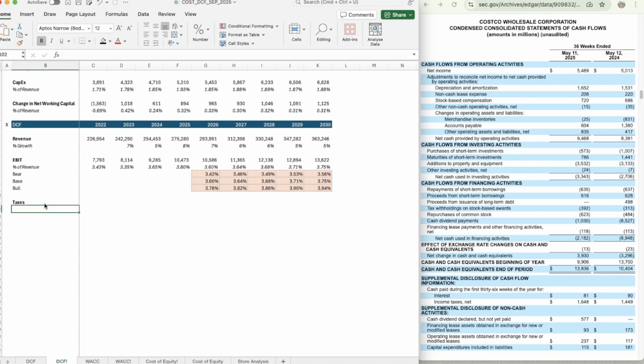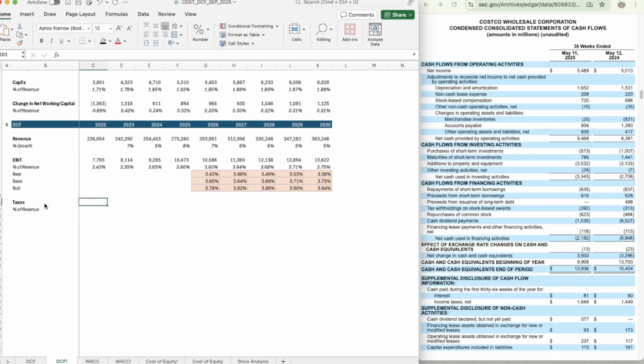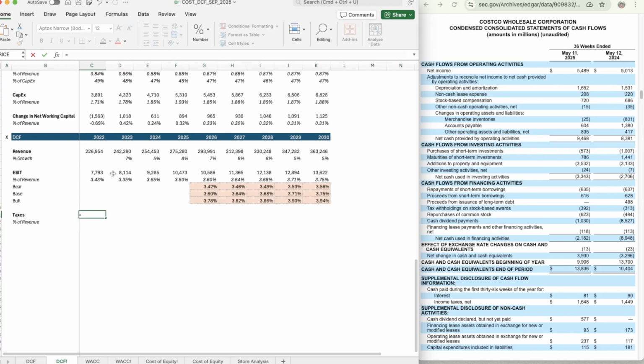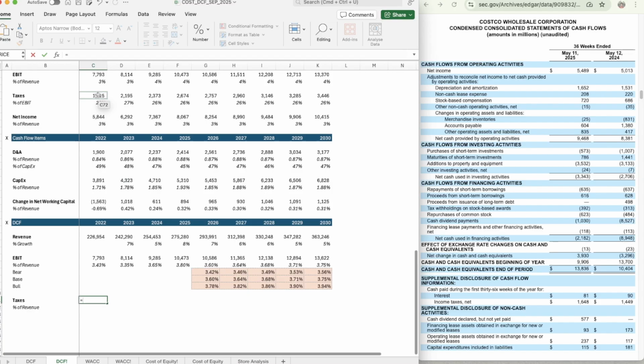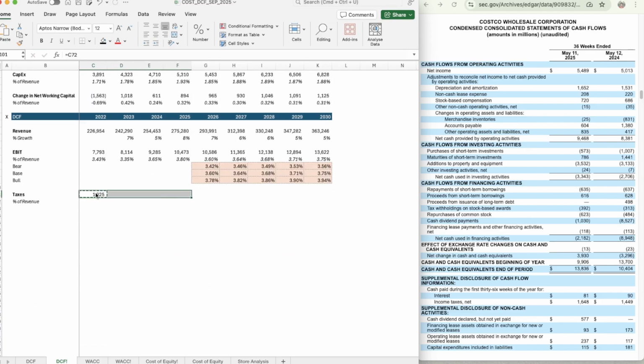So taxes is going to equal up here until 2025, and we take the percentage of EBIT there, and we copy it to here.